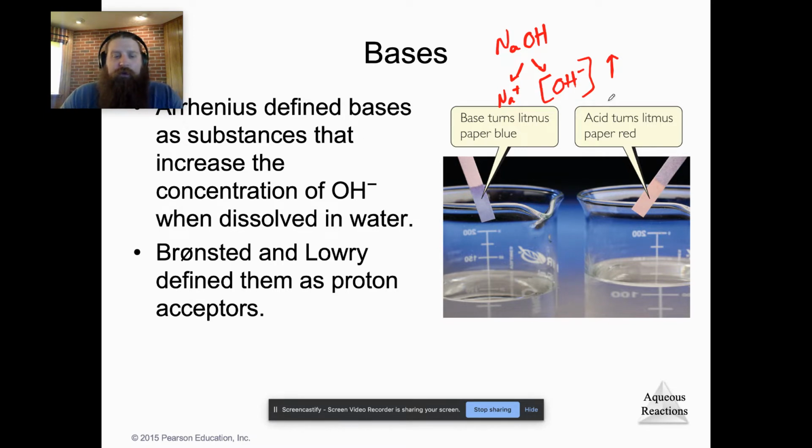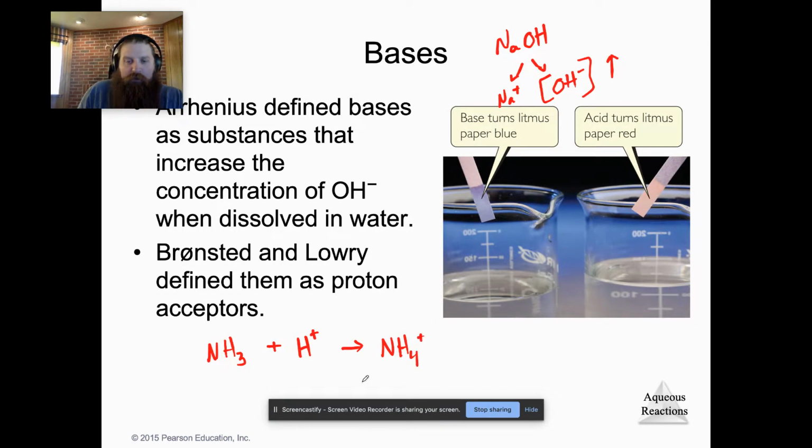Bronsted-Lowry, like we just said, well, they're actually proton acceptors, okay? So a good example of that would be ammonia. NH3 can become ammonium if it accepts a proton. So NH3 plus an H+ would give us NH4+.